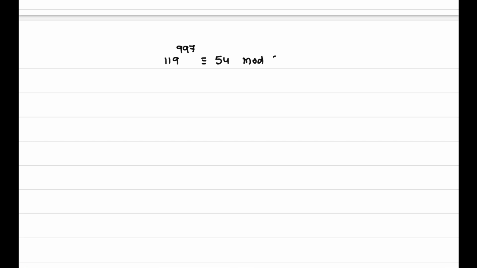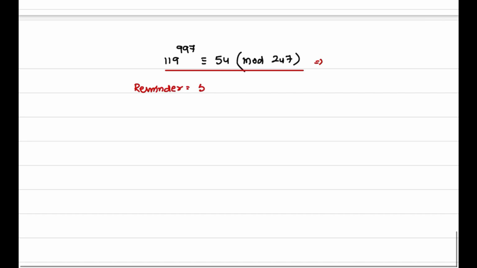Therefore, the final answer is 119 to the power of 997 is equivalent to 54 mod 247. And the remainder, when 119 to the power of 997 is divided by 247, is 54. That is the answer.